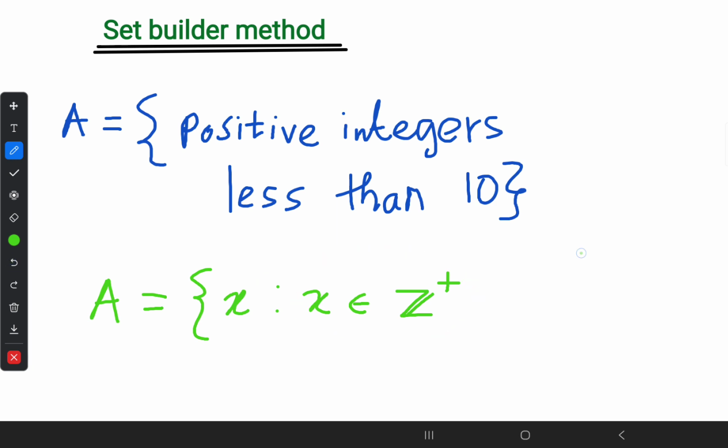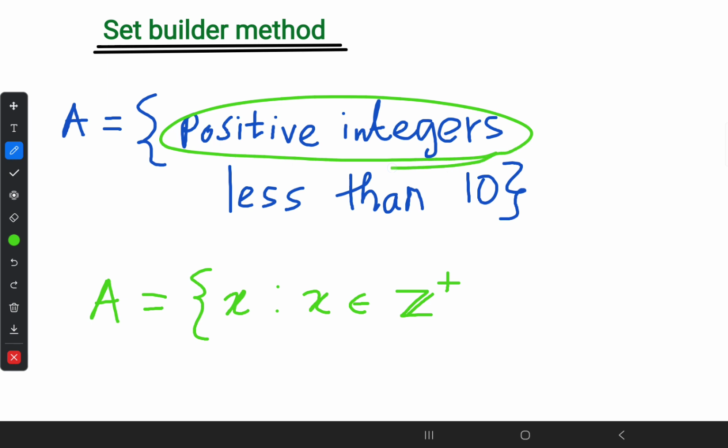This capital Z, with a double line, shows integers. Likewise, we have many. Capital R shows real numbers, and we have some other values as well. So x is an element of positive integers.